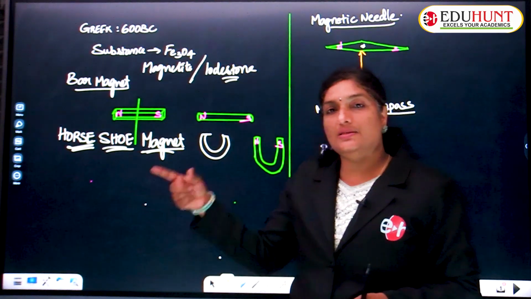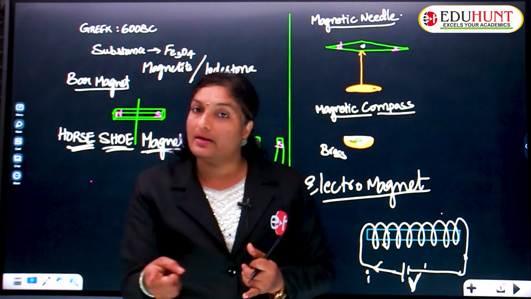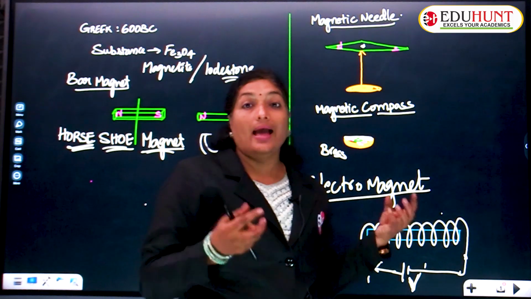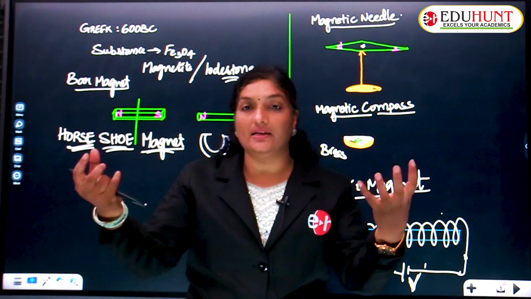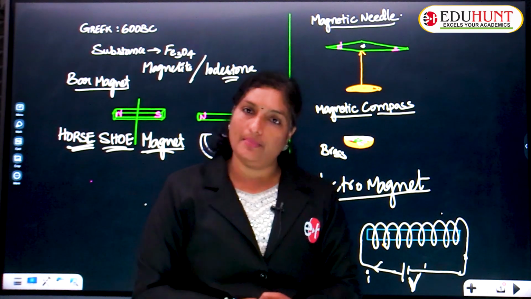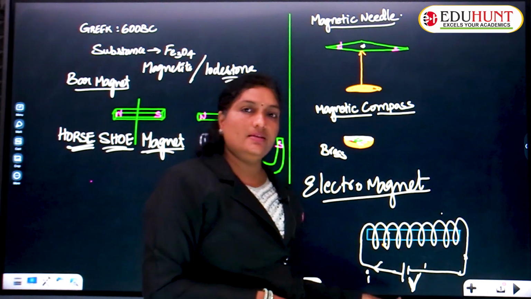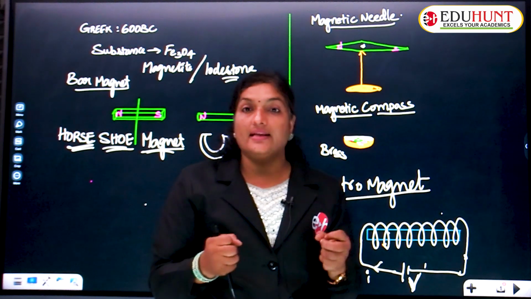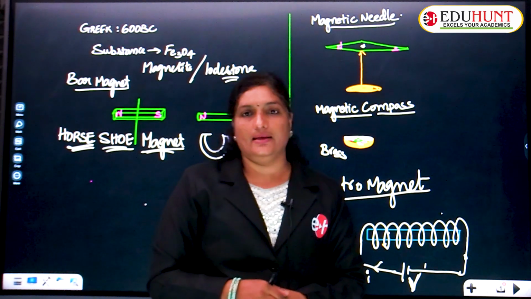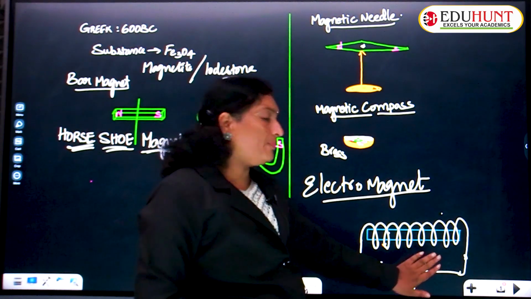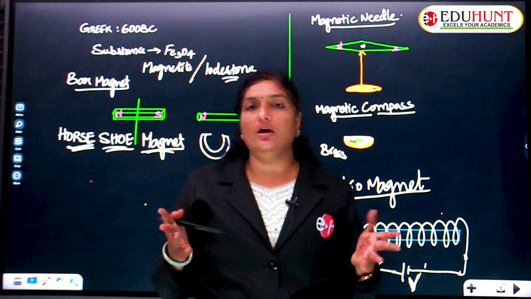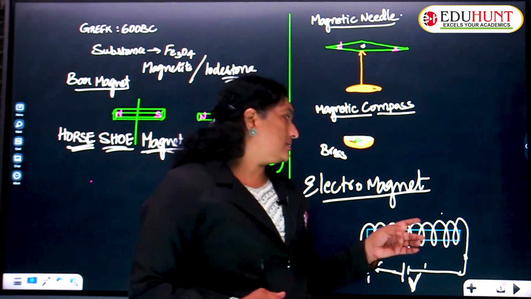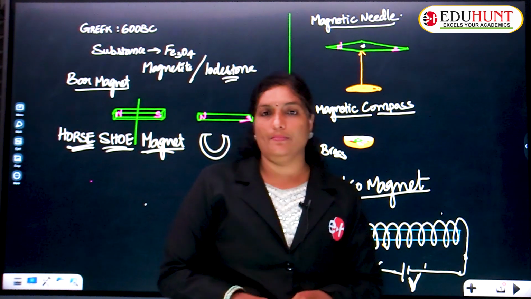As long as the switch is on and current passes through the circuit, this iron attains the property of attracting magnetic material. As long as the current is passing, this iron keeps attracting magnetic materials. And whenever we stop the current, it will not attract any magnetic materials. So this is the last case, the electromagnet.